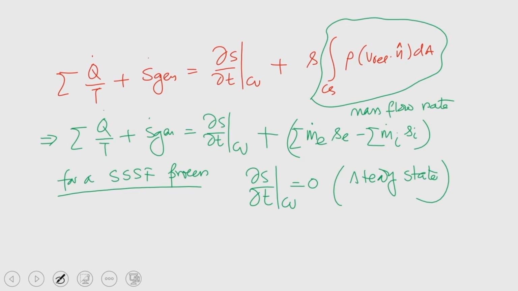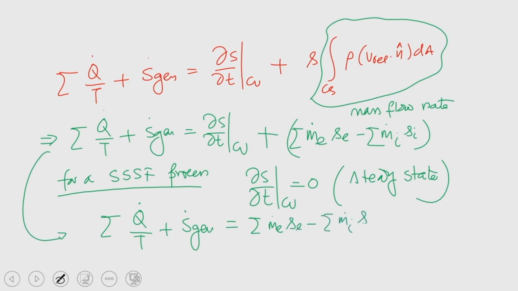So, ultimately for a steady state steady flow case, we get Q dot by T plus S dot gen equal to summation of m dot E SE minus summation of m dot I SI.